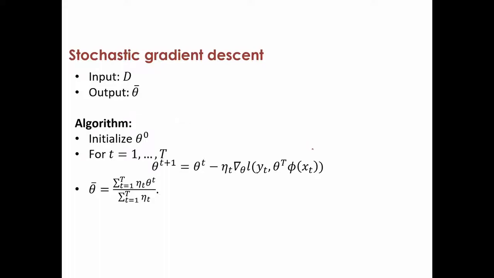Your update is exactly as we described: typically you run stochastic gradient descent for a fixed number of updates. You start with a random parameter, and for a fixed number of updates you run this update equation: theta t plus 1 is equal to theta t minus eta t times the gradient of the loss.